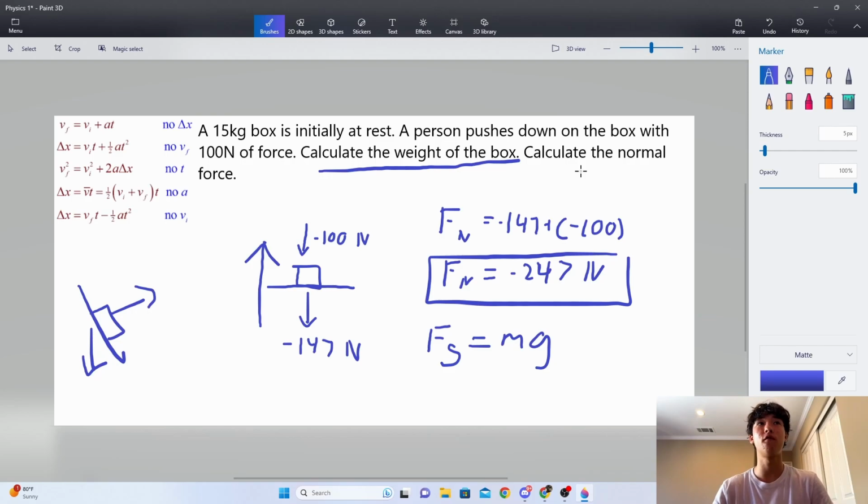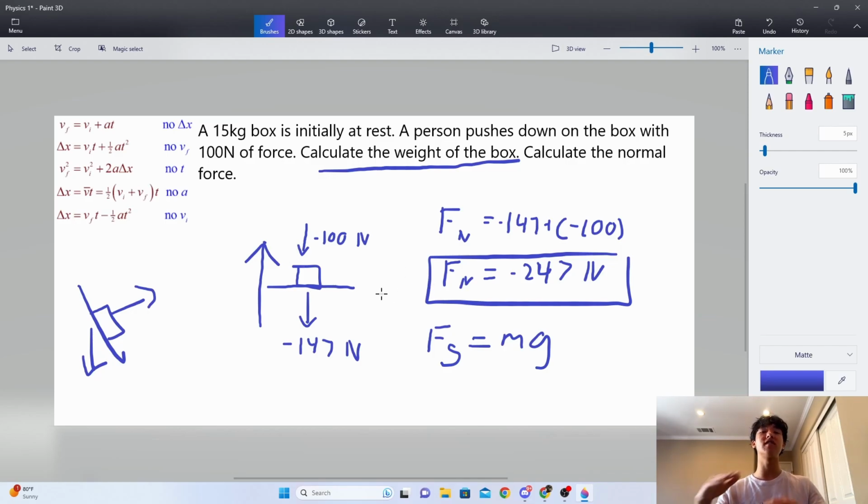But with normal force, it does depend on the context of the situation, and that's what differentiates someone who's good at physics and someone who doesn't understand it. So it really just comes with practice and familiarity, and really trying to understand the concept instead of just saying, oh yeah, I saw what you did there, it makes sense. Really try to understand what I did and why I thought that way.